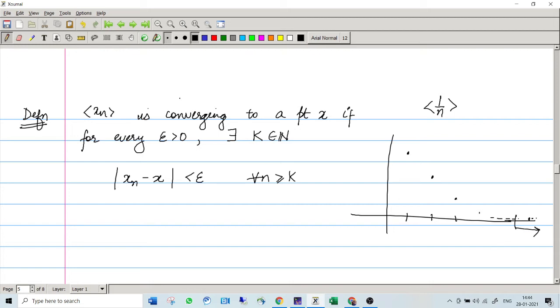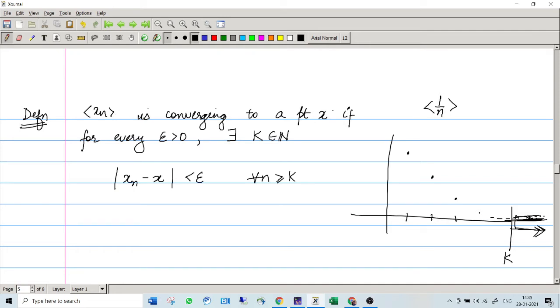So that's how you say that a sequence xn converges to a point x if for every epsilon greater than 0, you can find some k such that after that k, the distance between xn and the point x is very minute. Here xn are the terms of the sequence, and x is 0 in our case. So that's how we define a convergent sequence.